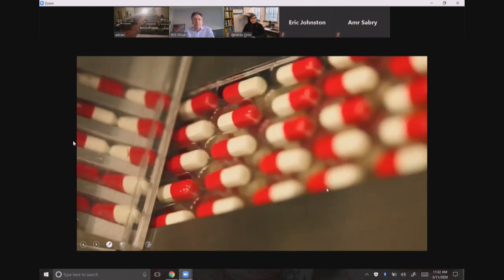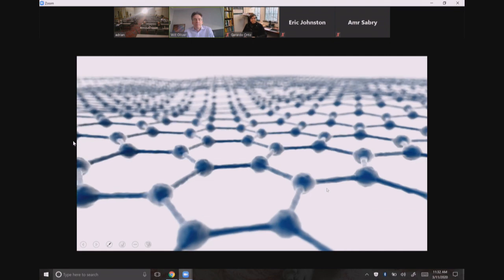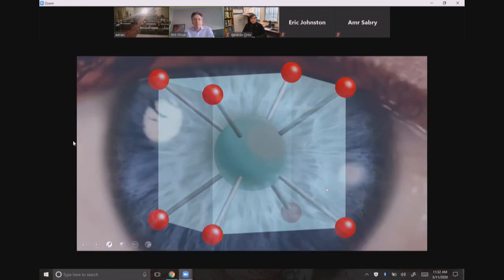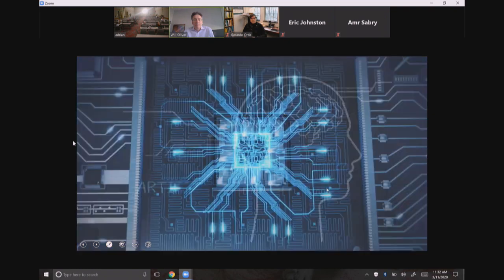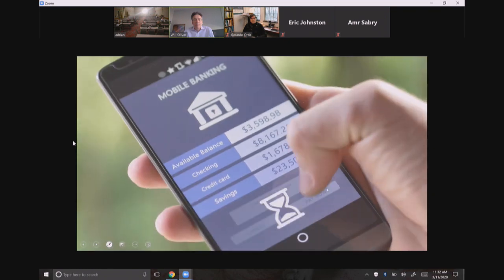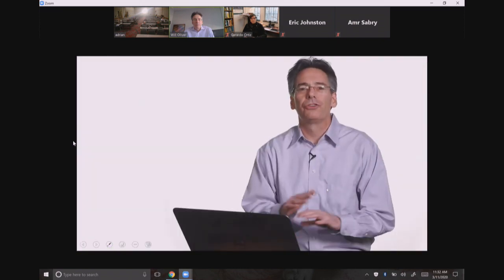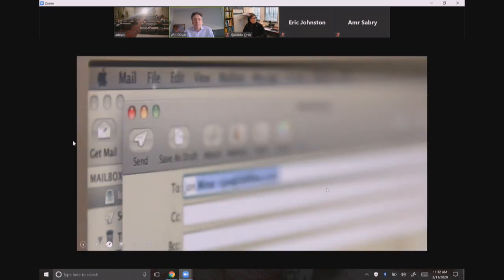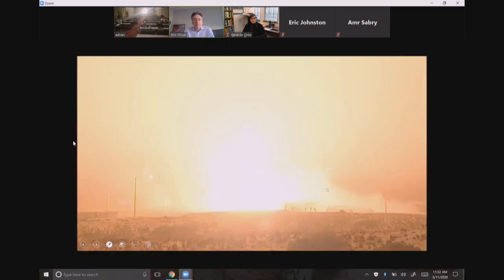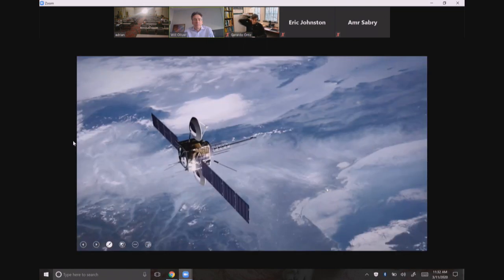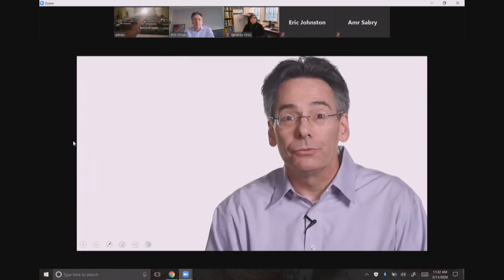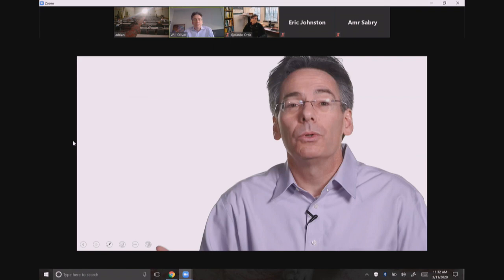We hear about pharmaceuticals and drug discovery, gaining a better understanding of new materials like high-temperature superconductors and how they work, new methods for machine learning, artificial intelligence, optimization problems, financial services and technology. Quantum computers will even challenge and change the way we securely communicate information. It certainly sounds like a fantastic and exciting future, which leads us to a few fundamental questions. What exactly is a quantum computer and what's it good for? More importantly, when will we have one?